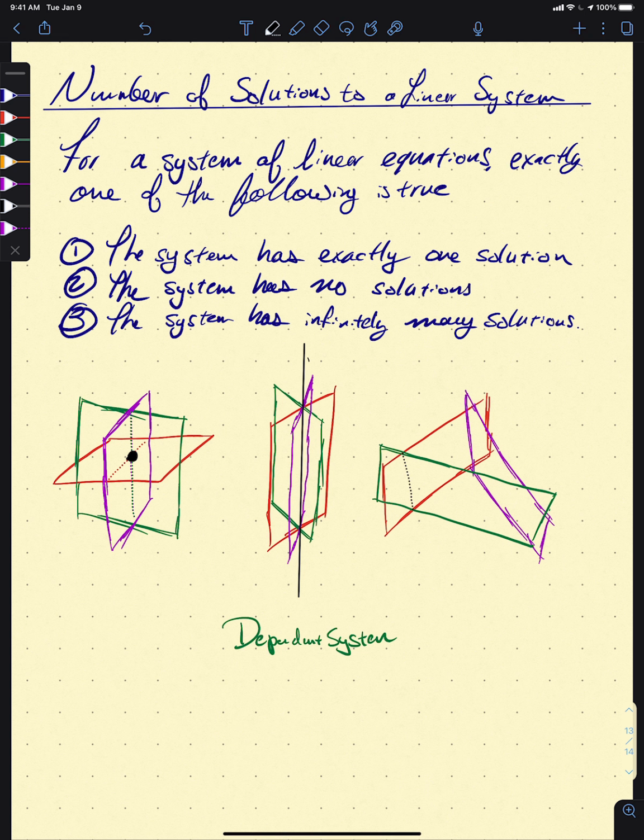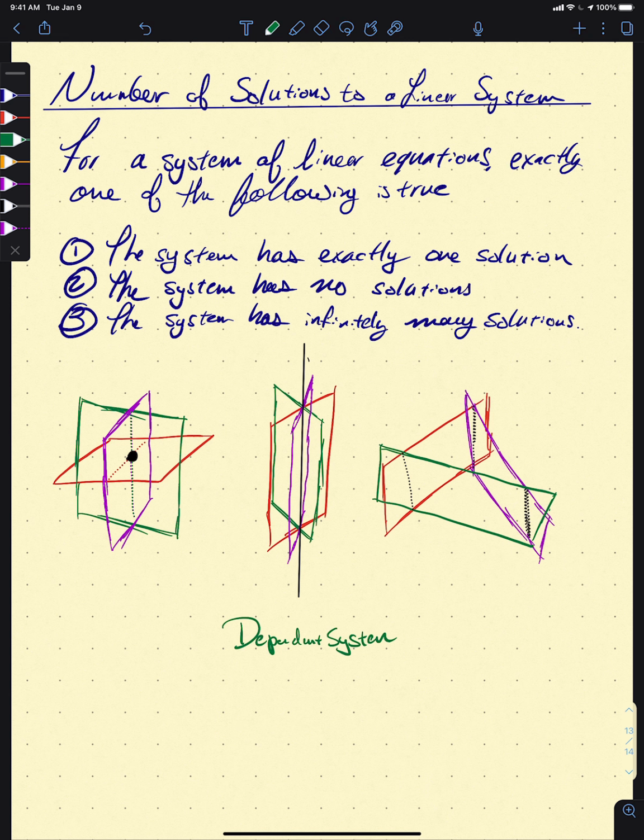We might have an intersection here where the red plane and the green plane meet. We might have an intersection here where the green plane and the purple plane meet. We might have an intersection here where the purple plane and the red plane meet, right? But there's no point where all 3 of these planes meet each other at the same time, the way there was in this situation, right?